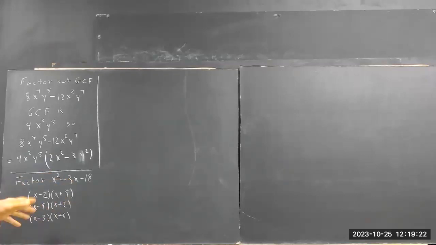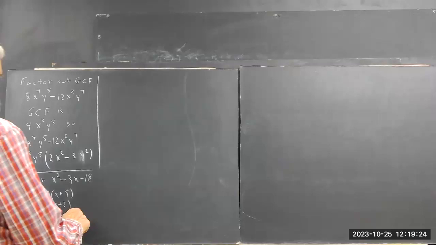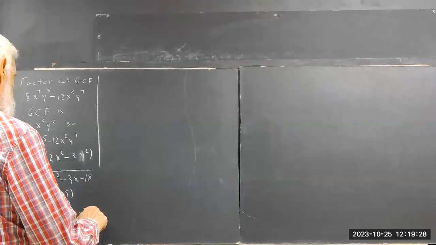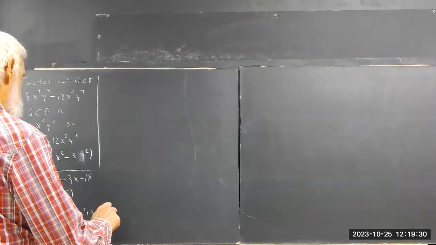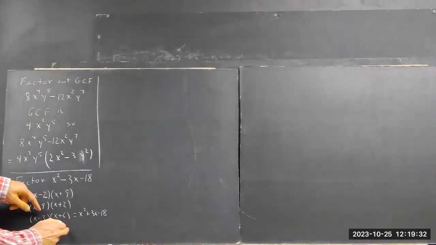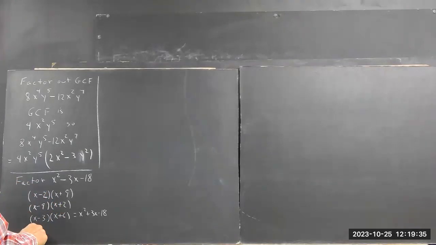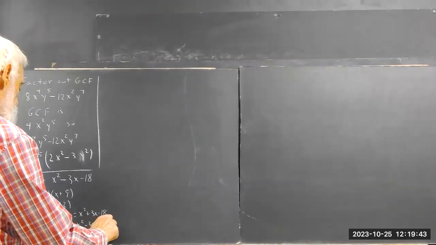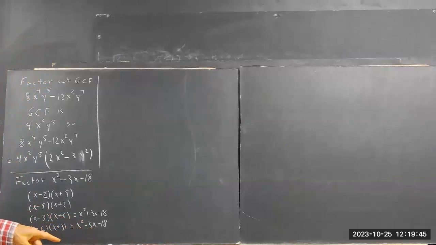But if we do this, we see that this is going to give us x squared plus 3x minus 18. And now if I reverse where the 6 is and the 3, it should be clear that we get x squared minus 3x plus 18.